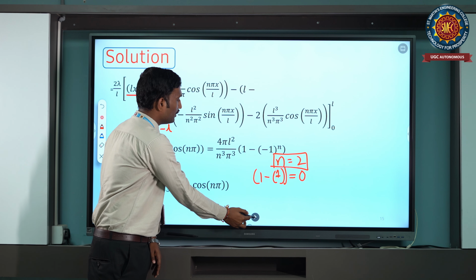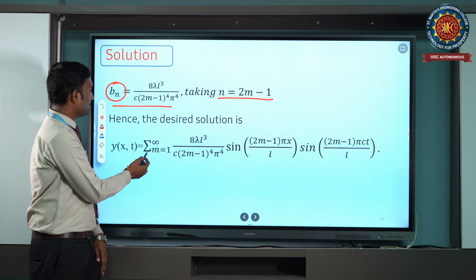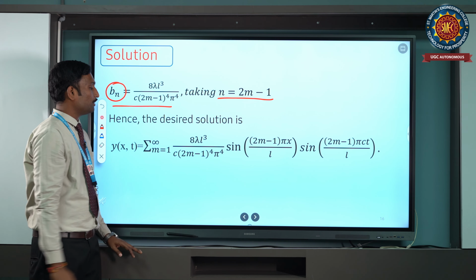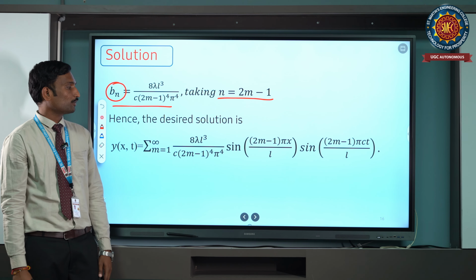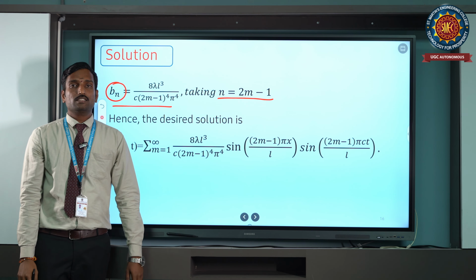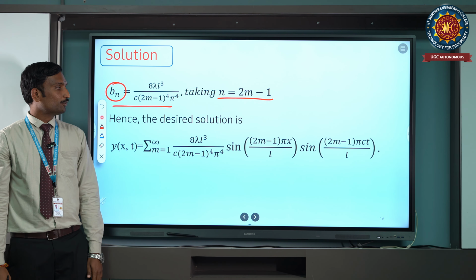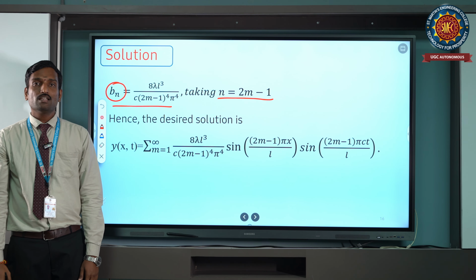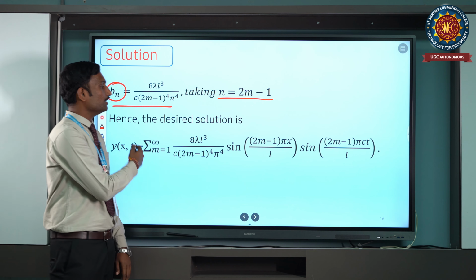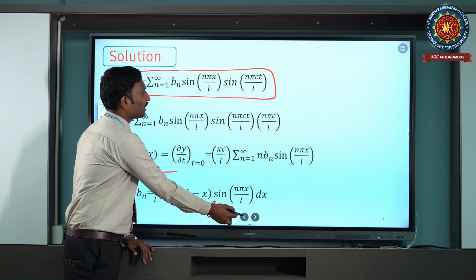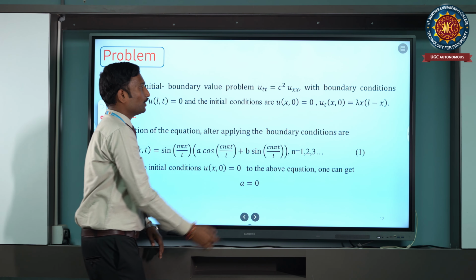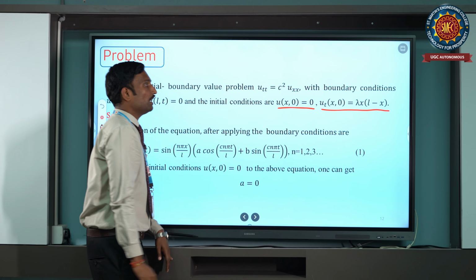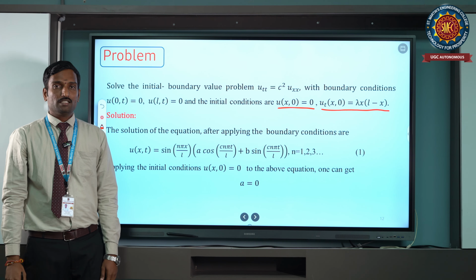We get the final solution of this equation as the summation from m equals 1 to infinity of 8λL³/(c(2m−1)⁴π⁴) times the two sine terms, sin((2m−1)πx/L) and sin((2m−1)πct/L). This becomes the solution according to the conditions given for the problem, u(x,0) and ut(x,0) equal to λx(L−x).